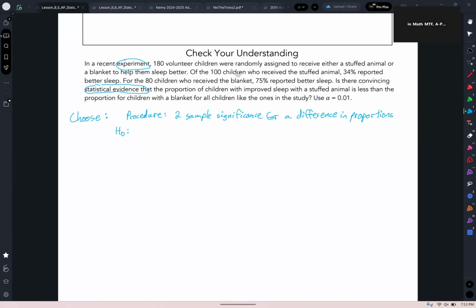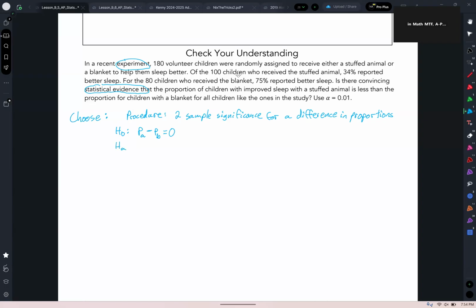So with that procedure, I'm going to have to do some hypotheses. Null hypothesis. I'm going to use some symbols that make sense in the context of this study. So P sub A for stuffed animal minus P sub B for blanket is equal to 0. We're assuming that there's no difference between the proportion of children who slept better, right?